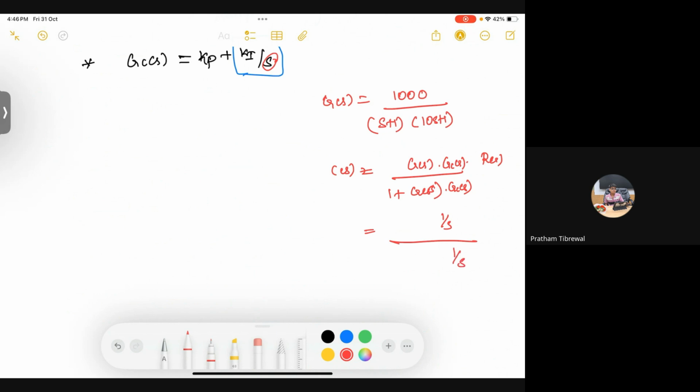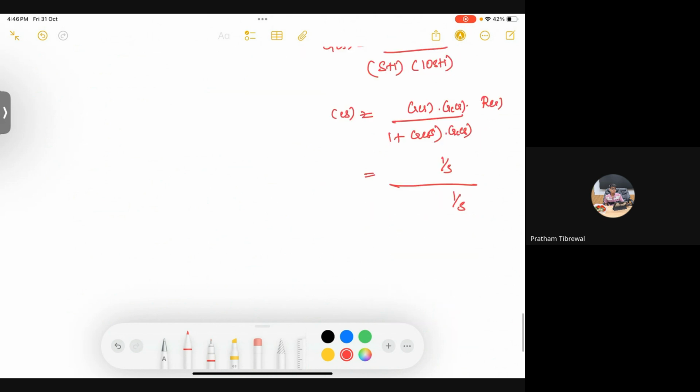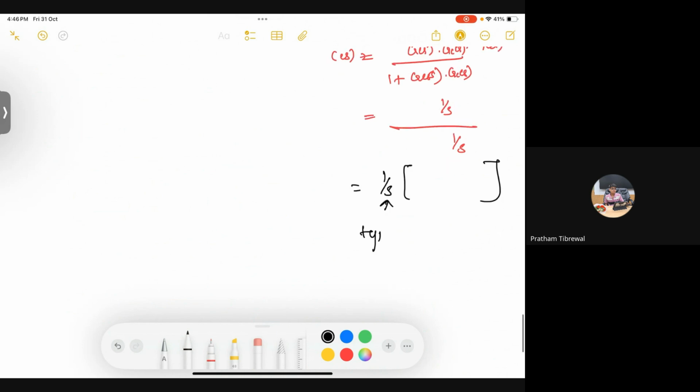So this will make the system type 1. The 1 by s in the numerator becomes a pole at the origin, so the system goes from type 0 to type 1. It eliminates the steady state error to a step and can track ramps better, depending on the gain value we have chosen.